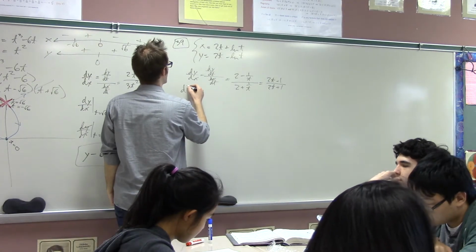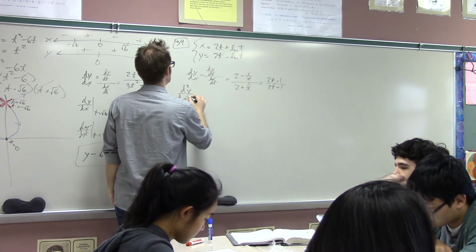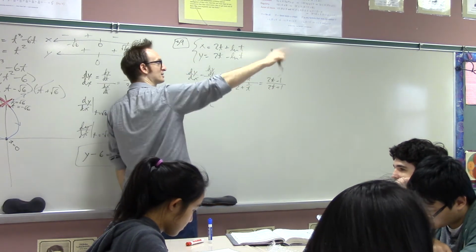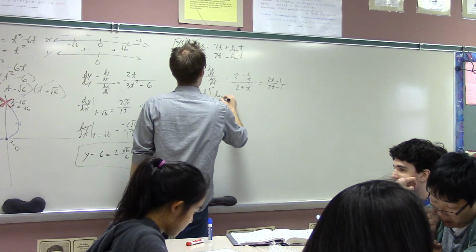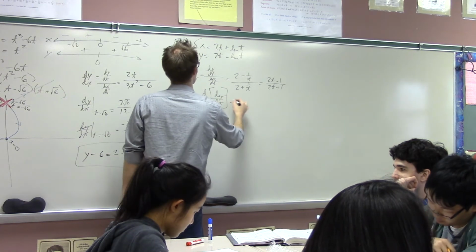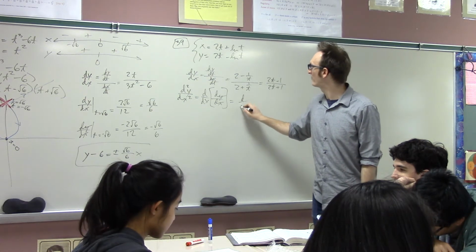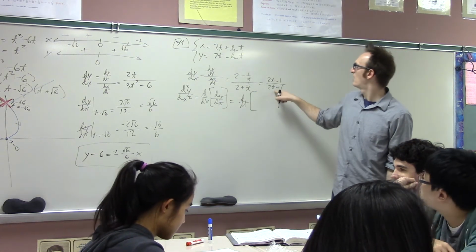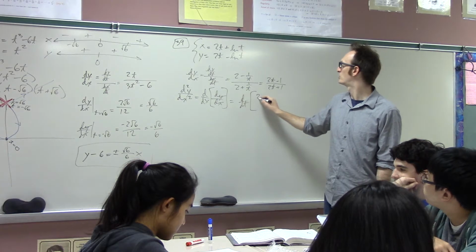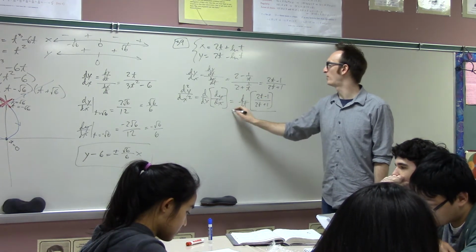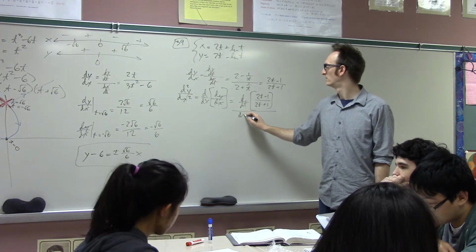So I want to know d squared y dx squared, that's the rate of change of the rate of change of this. So now that's going to be the derivative with respect to t of 2t minus 1 over 2t plus 1, over dx dt.